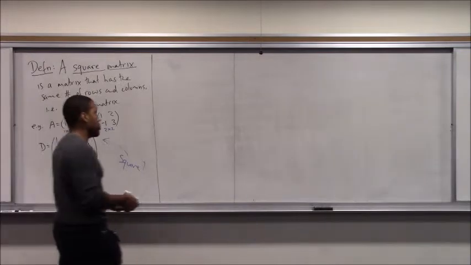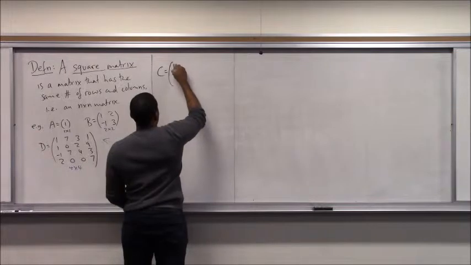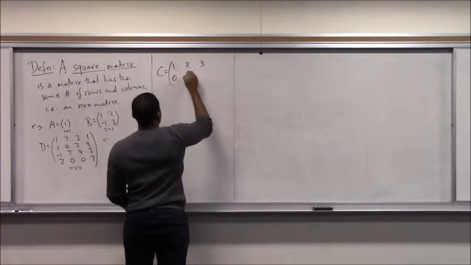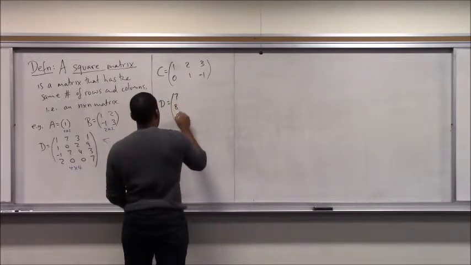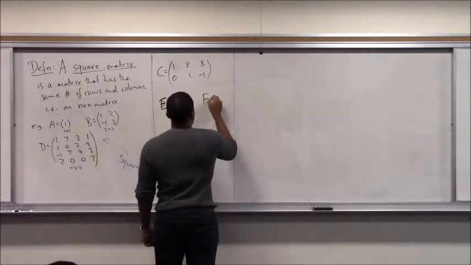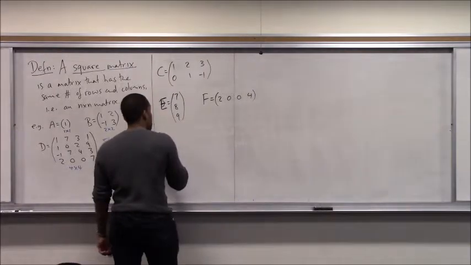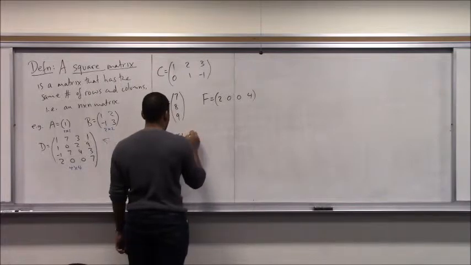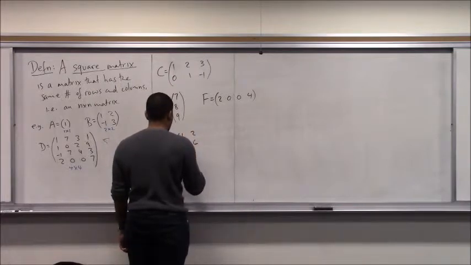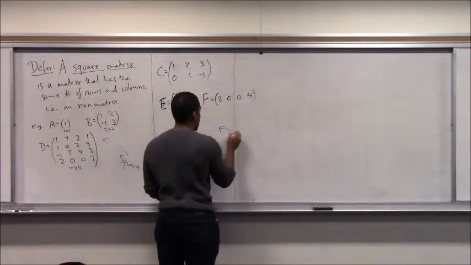Anything that does not have the same rows and columns is not square. For example, C equals 1, 2, 3, 0, 1, minus 1, or D equals 7, 8, 9, or F equals 2, 0, 4. These matrices are not square.